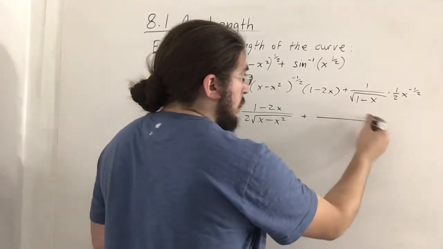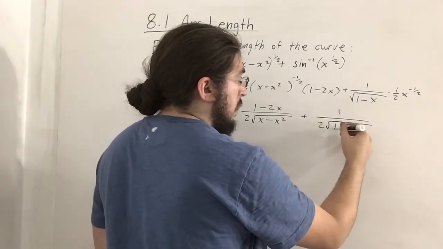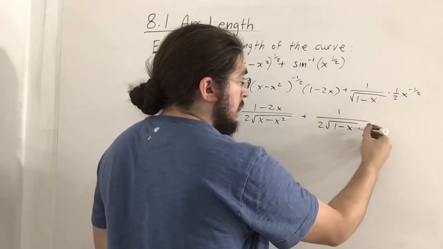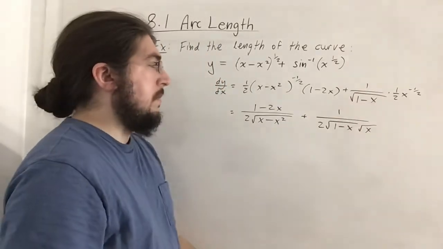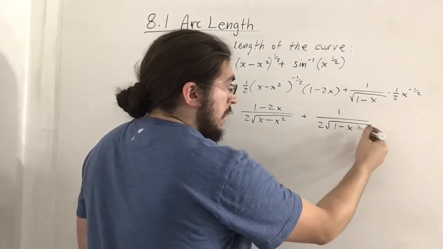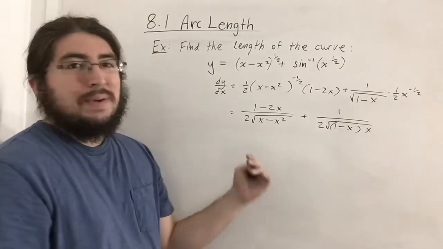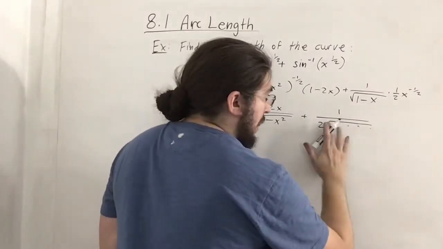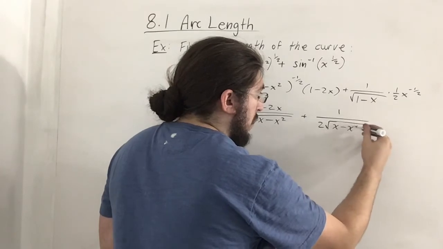Plus, this is going to be 1 over 2 times the square root of 1 minus x times another radical x, because x to the negative 1/2 is radical x on the bottom. But notice actually, if you combine these radicals like this, and then distribute that x in here, what do you get here? You get exactly x minus x squared. So that's kind of nice that we see that happening. So things are kind of coming together.